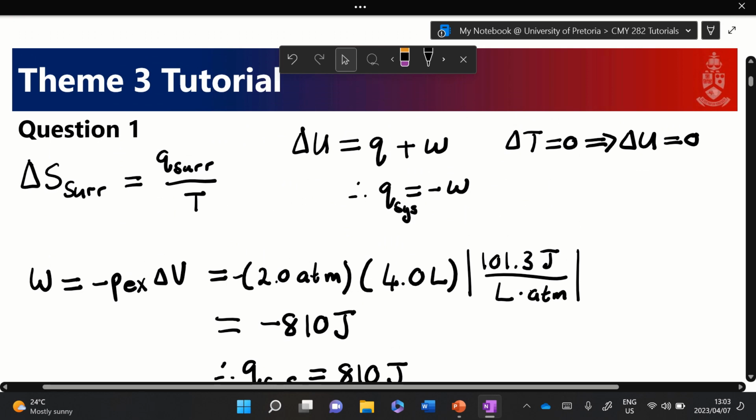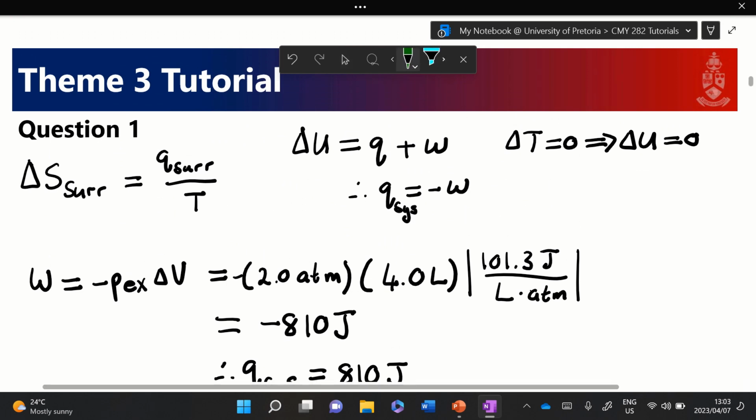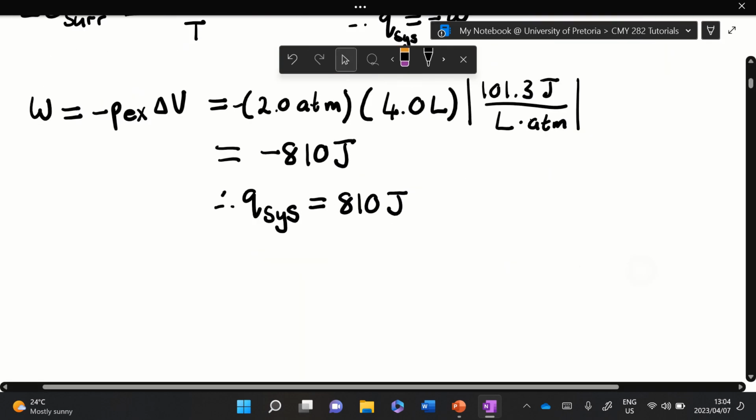Because that's technically what this up here implies. Because this process is isothermal, there needs to be a balance in the energy. So the system does work, and that then needs to be balanced by the heat brought in from the outside. So in other words, where does the system get the heat from to do the work with? It gets it from the surroundings.